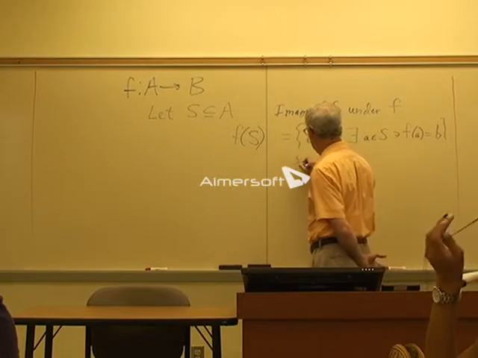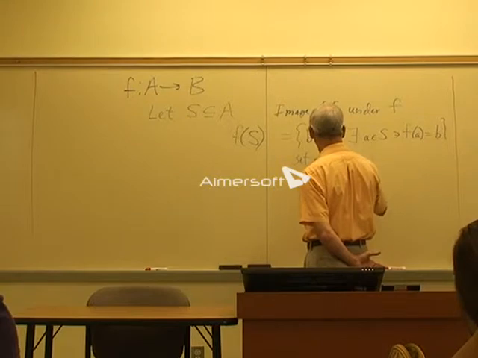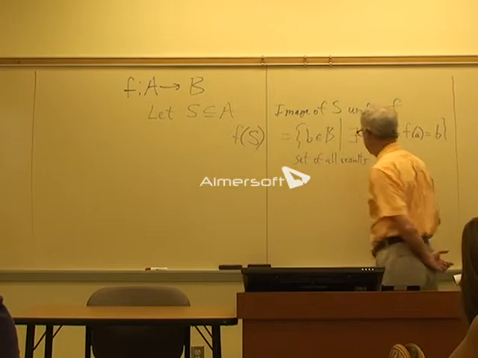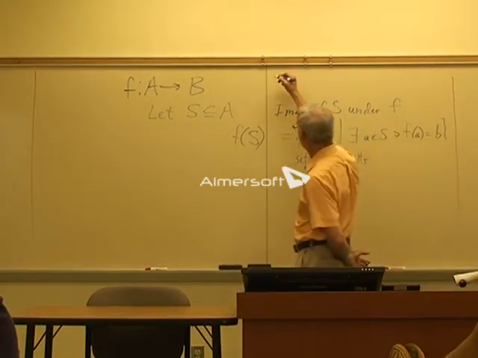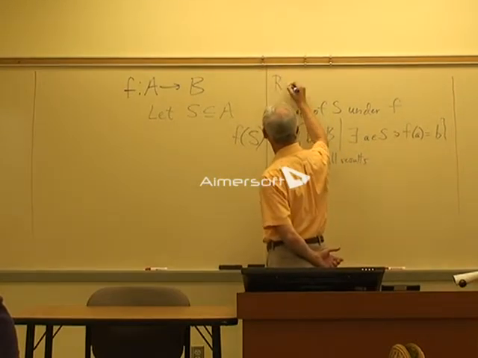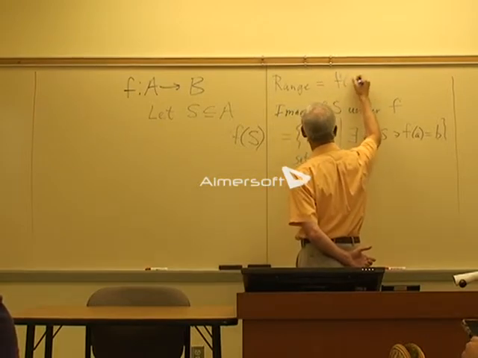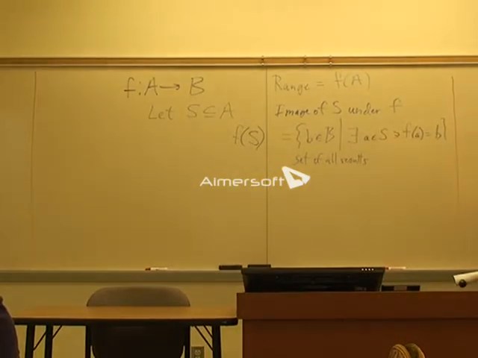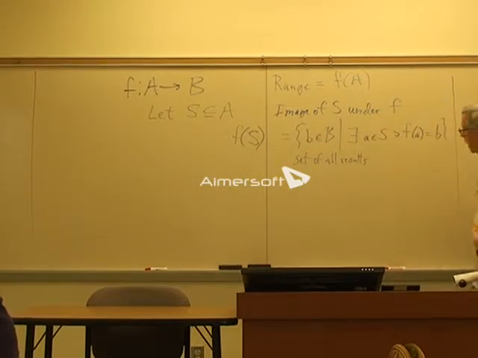Think of this as a set of all results of applying the function to S. And so another way to write the range of this function is simply with this notation. It's the image of the domain, the image of everything. So that's not too hard.